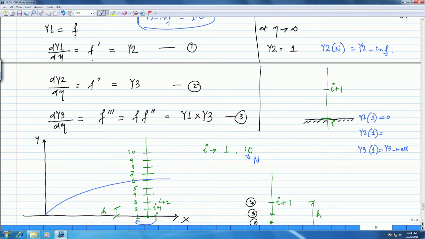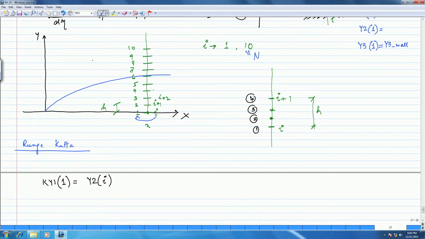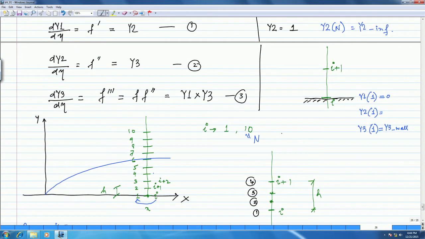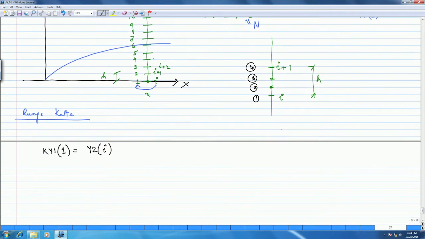So what I'm saying is I am defining this variable ky1, and this 1 corresponds to the first point in this incremental length, incremental height, let's put it that way. So this is the first location of the incremental height. So ky1, this value is equal to y2 at I, and y2 is nothing but f dash.